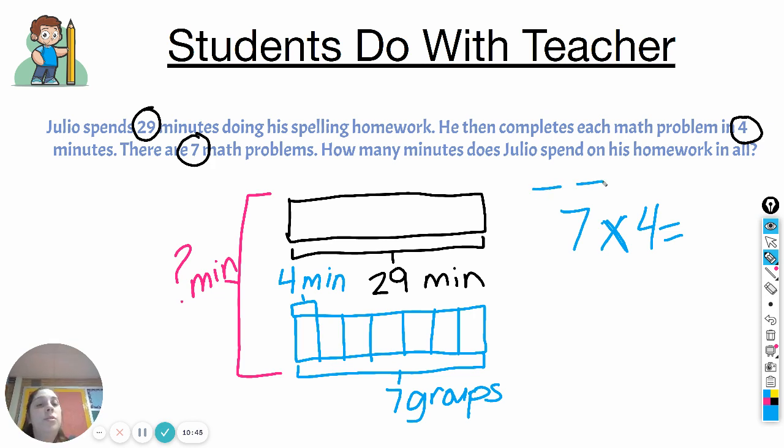So 1, 2, 3, 4 times. So I'm skip counting by 7, so I'll start with 7. Go ahead on your whiteboard, skip count by 7s 4 times, and write that answer when you have it.